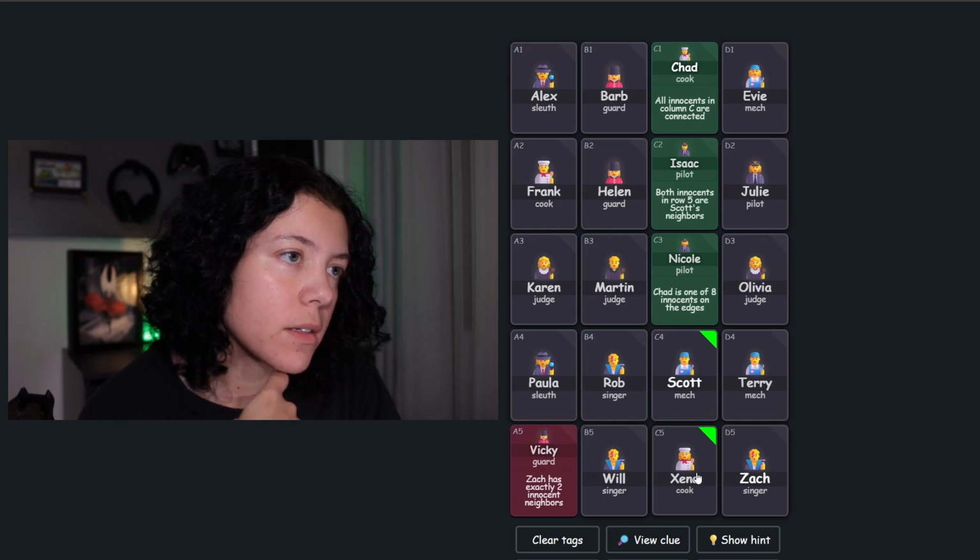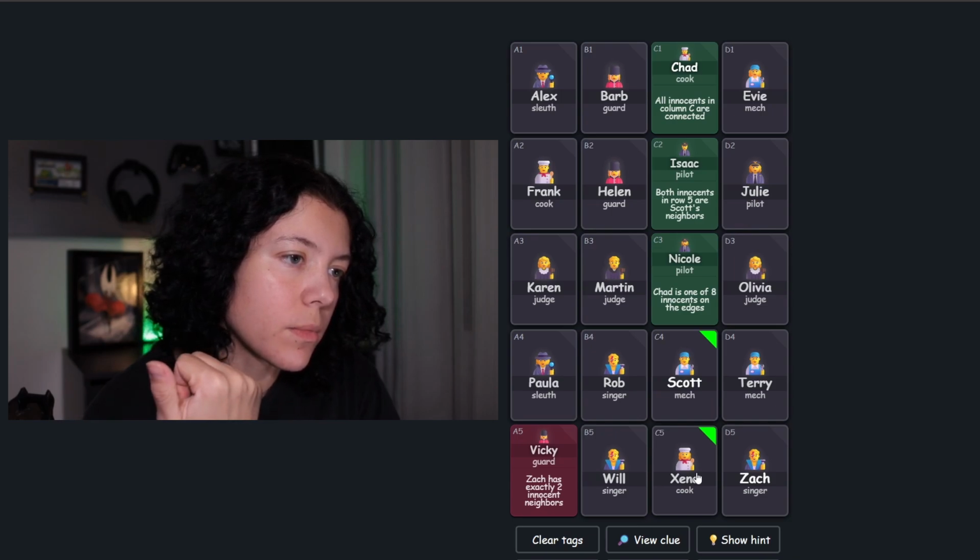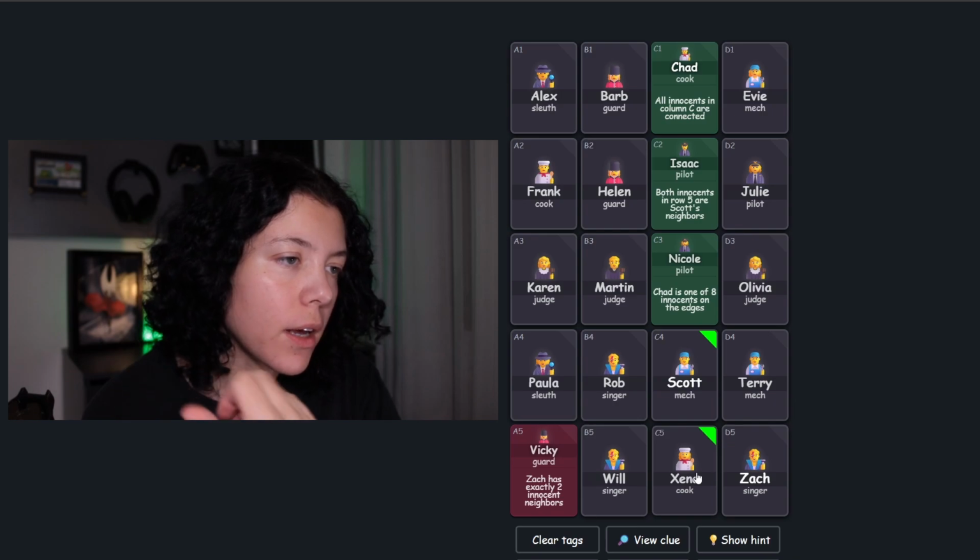Now both innocents in row 5 are Scott's neighbors. And Zach has 2 innocent neighbors. Scott has to be an innocent.